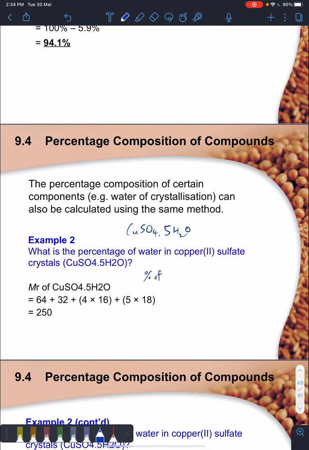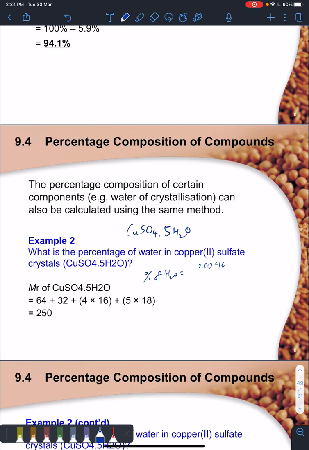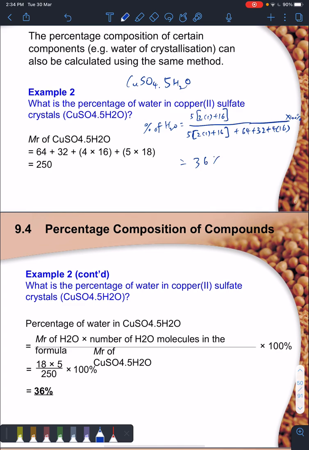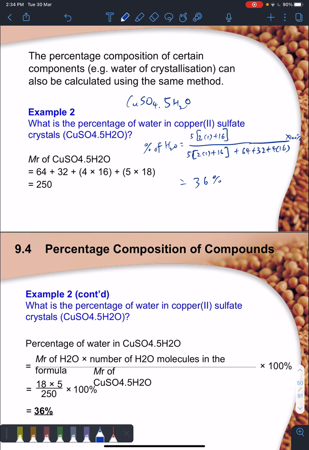So percentage of water would be 1 water is actually 2 times 1 plus 16, the Mr of water actually, times 5, divided by the total mass: Cu is 64, S is 32, 4 times 16, times 100%. That would give you a final answer of 36%. So that's how you can use the percentage by mass.